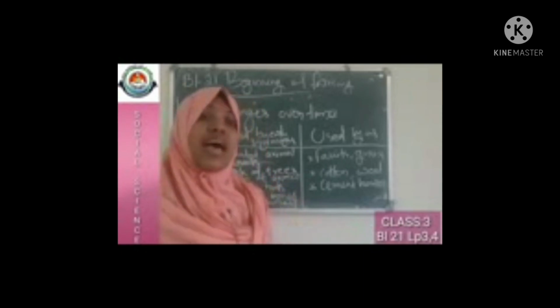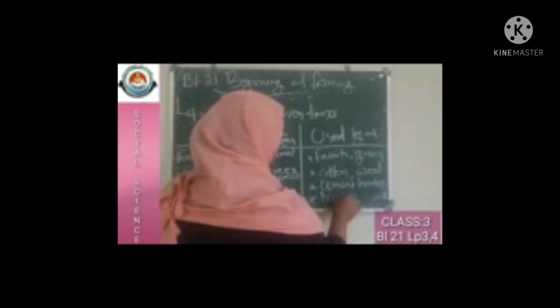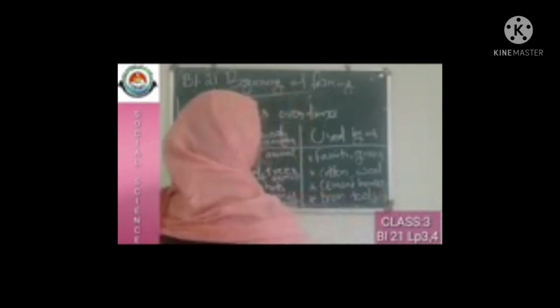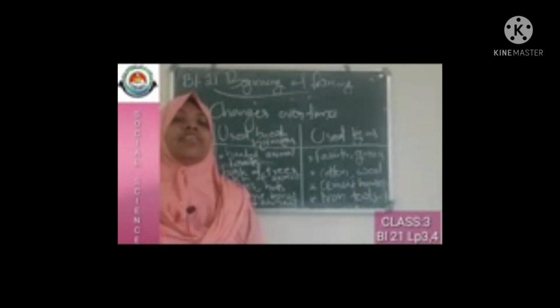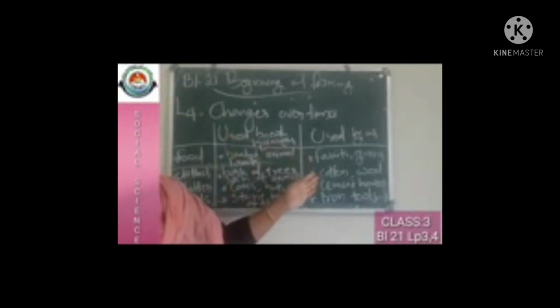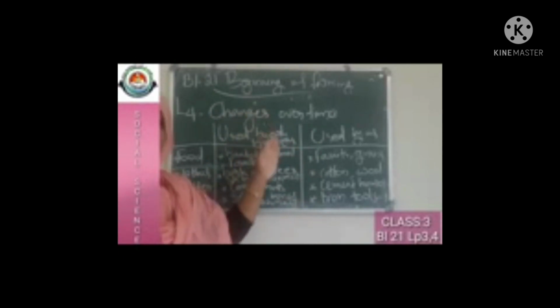We use iron and steel tools, like iron knives and iron axes. Okay. So these are the differences between the early humans and us. They have changed over time.